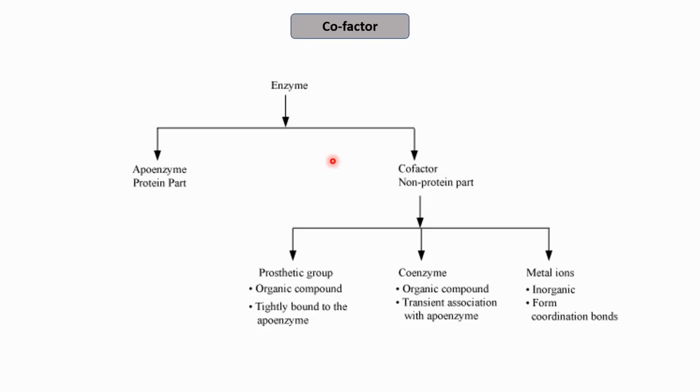The next class is the coenzyme, which is also an organic compound, but it forms a transient association with the apoenzyme. This is the basic difference between the prosthetic group and the coenzyme. Both are organic compounds, but prosthetic groups are tightly bound to the apoenzyme, while coenzymes are cofactors that bind transiently with the apoenzyme.